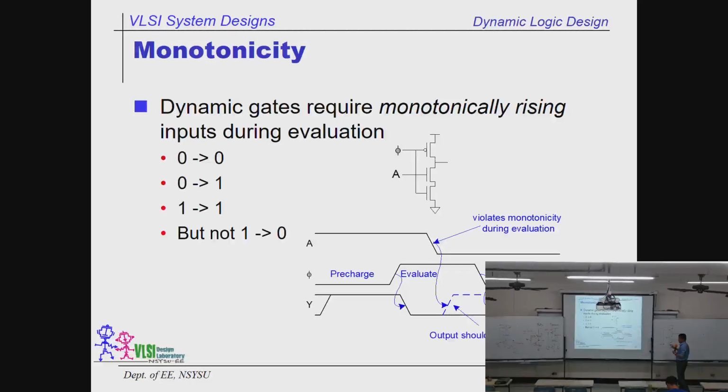We have a foot, as we expect before, and this is A, and this is Y. So what happened is that there are 4 scenarios. If this is an inverter, basically we like the inverter to work this way. We have a 0, we get 1; we have 1 here, we get 0.